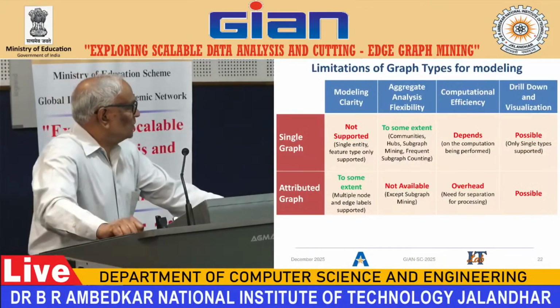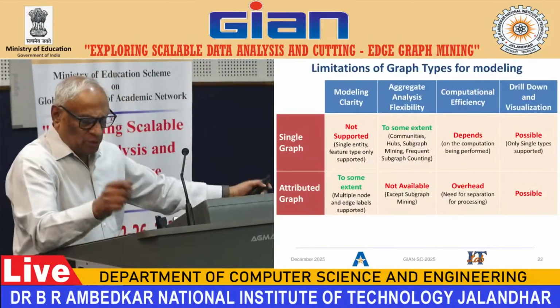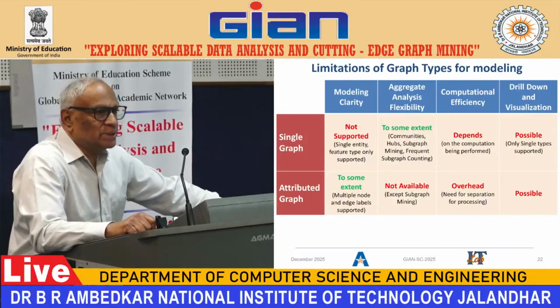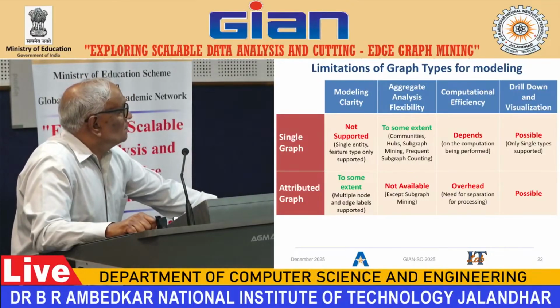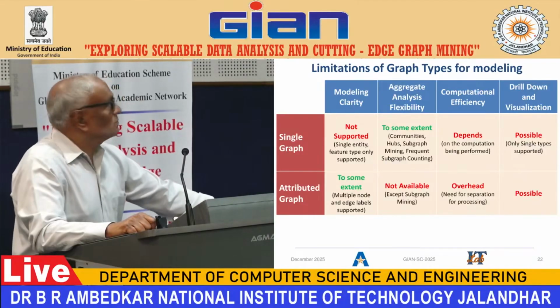Okay. So here is what we call a back of the envelope comparison of various features: modeling clarity, aggregate analysis flexibility, computational efficiency, drill down and visualization for these two types of graphs.